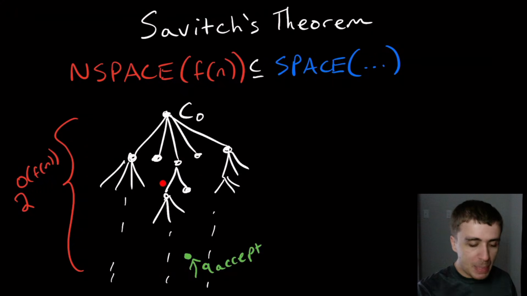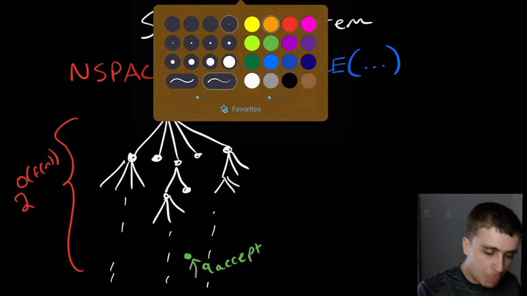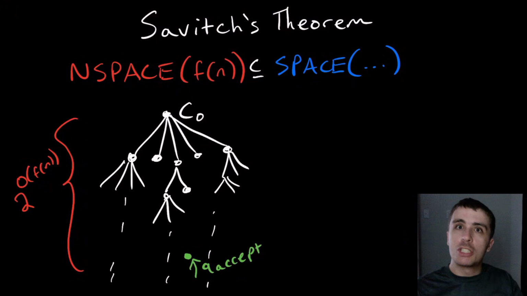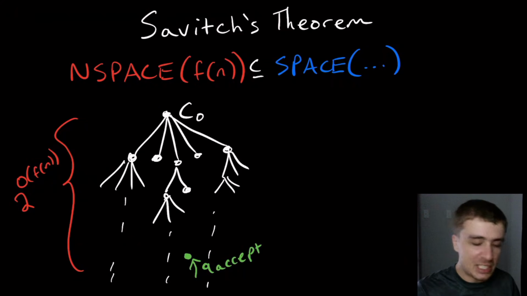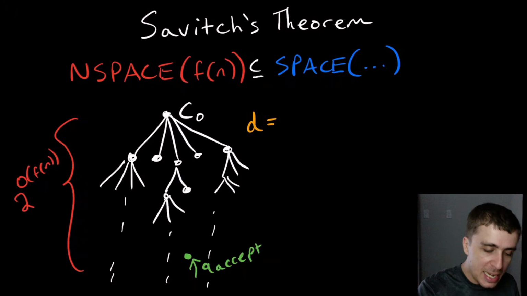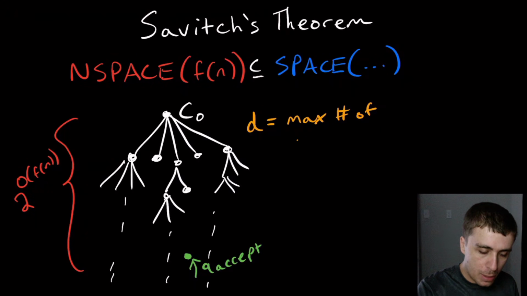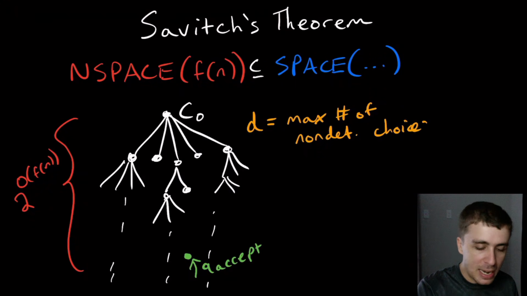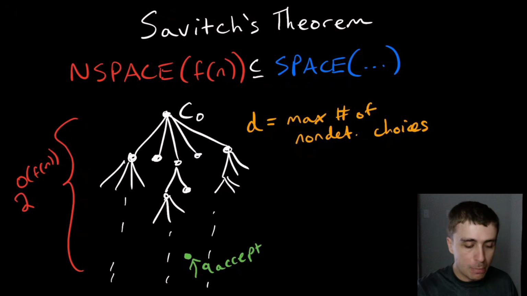So how much space does that use? It depends on how big this branching factor is. Let's call d the maximum number of non-deterministic choices we can make at any point throughout the entire machine.